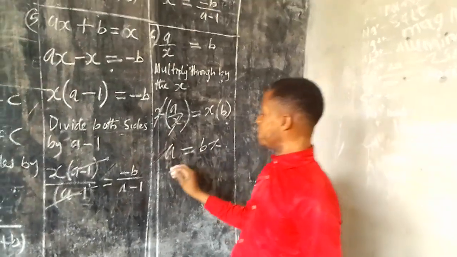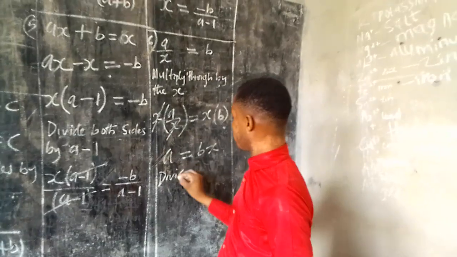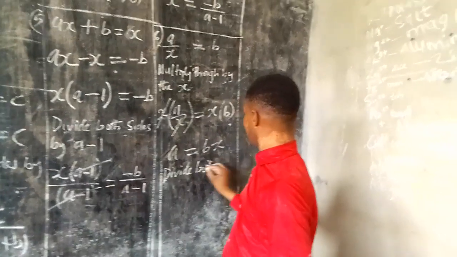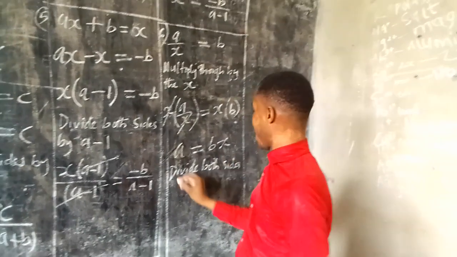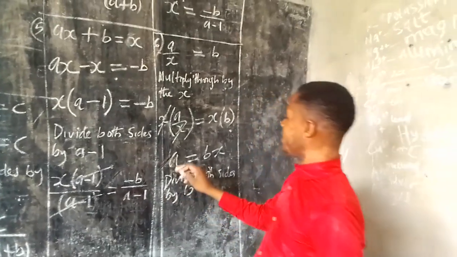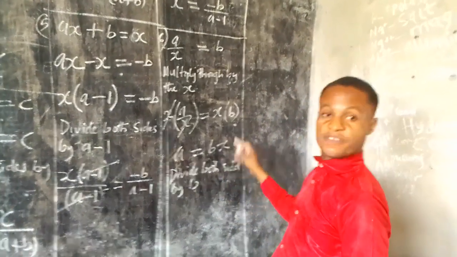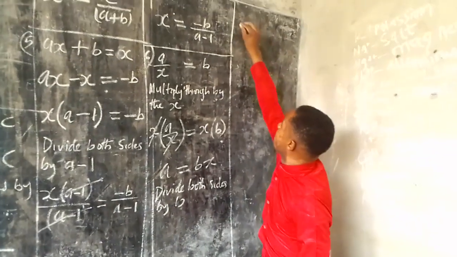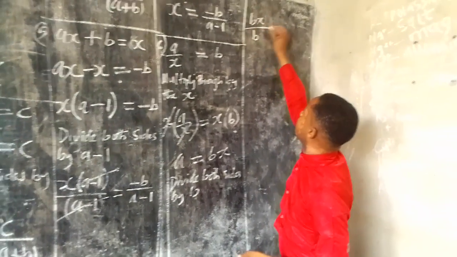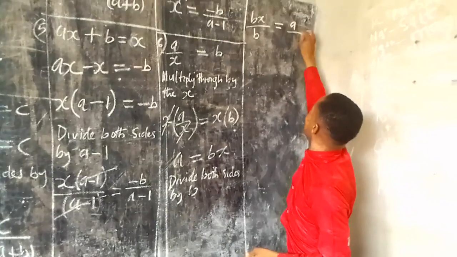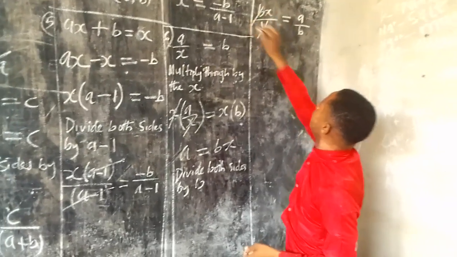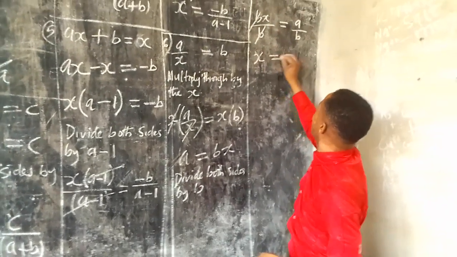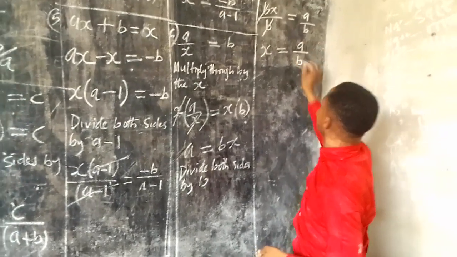By b. That means a divided by b and bx divided by b. So we have bx divided by b equals a divided by b. b cancel b. You have x equals a over b.